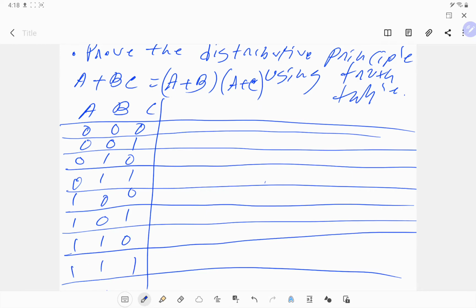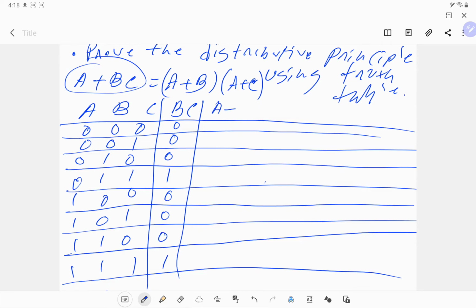So now first we want to find the first expression, A plus BC, and we already have A. Let's find BC: 0, 0, 0, 1, 0, 0, 0, 1.